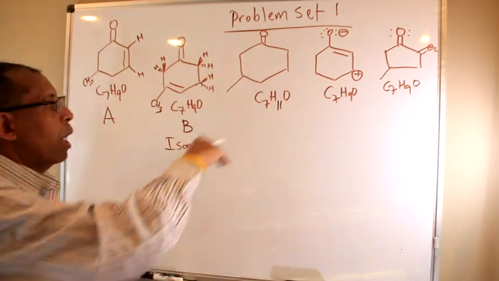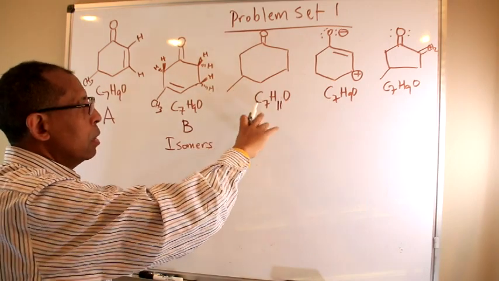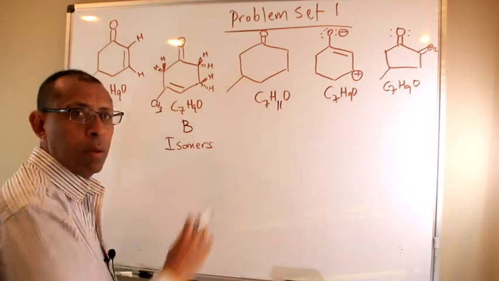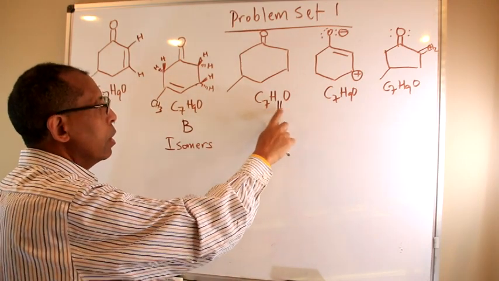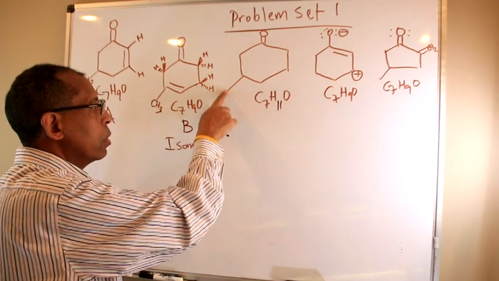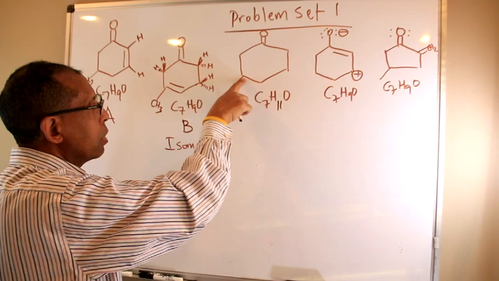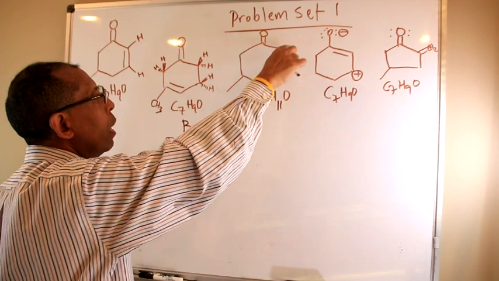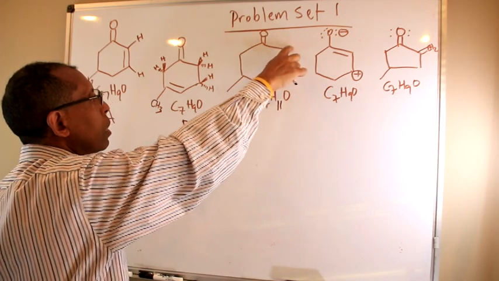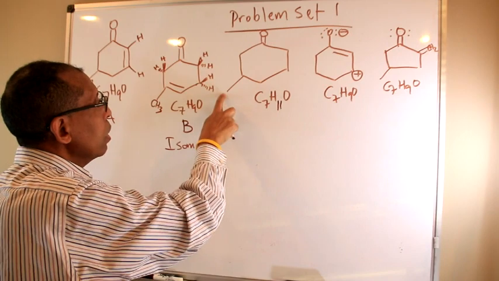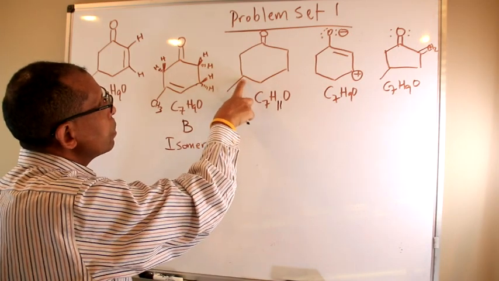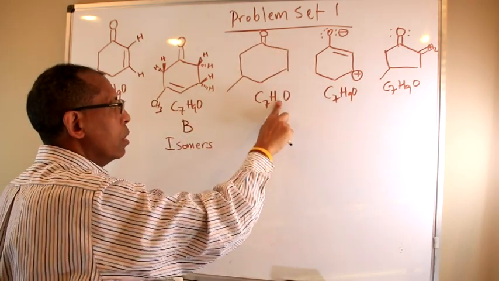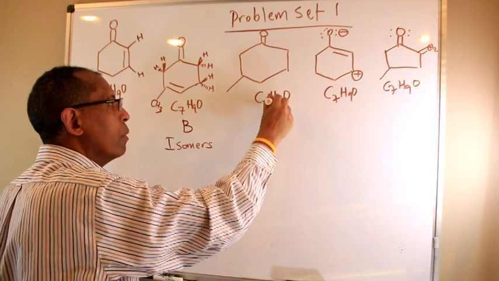If you just count all of the hydrogens and the carbons: one carbon here with 3 hydrogens, one hydrogen right there, 3, 4, 6, 8, 10, 12. So it is a C7H12O compound.